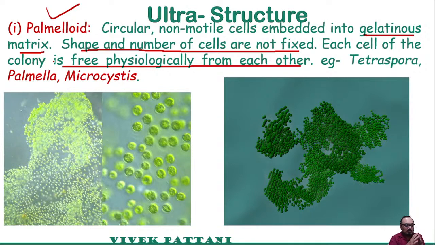So I am repeating it: the palmelloid type consists of mostly circular, non-motile cells embedded in a gelatinous matrix. The shape and the number of cells are not fixed, and each cell of the colony is physiologically independent.